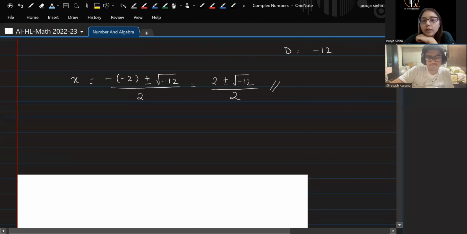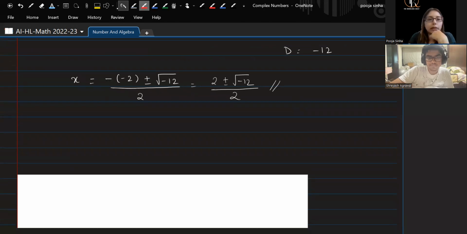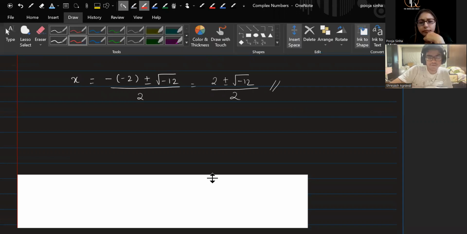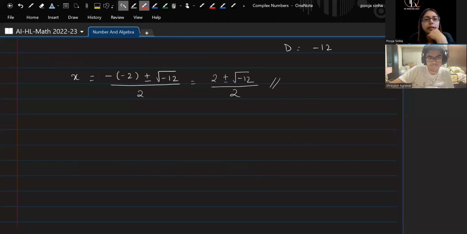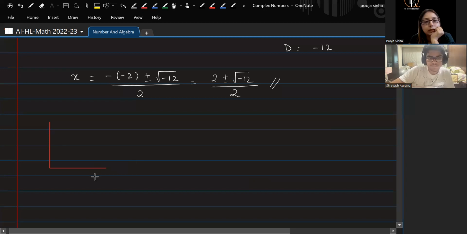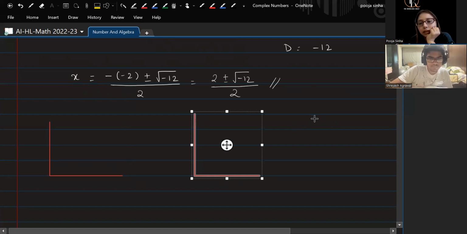Till now, if you remember, I'm going to relate this again with a quadratic graph. Do you know what a quadratic graph looks like? Yes, it's a parabola. I'm going to draw three graphs here, three situations for us.